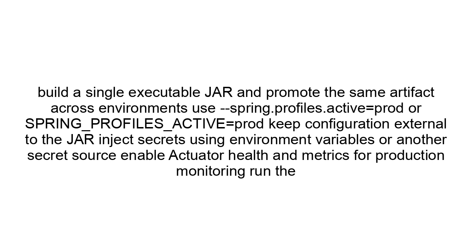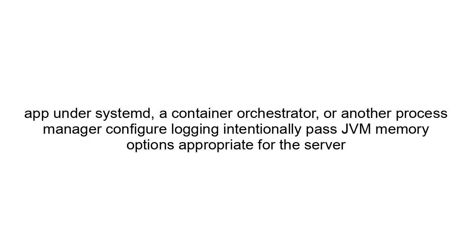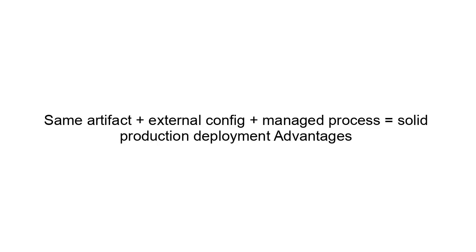Inject secrets using environment variables or another secret source. Enable Actuator health and metrics for production monitoring. Run the app under systemd, a container orchestrator, or another process manager, and configure logging intentionally. Pass JVM memory options appropriate for the server. Example concept: same artifact plus external config plus managed process equals solid production deployment.